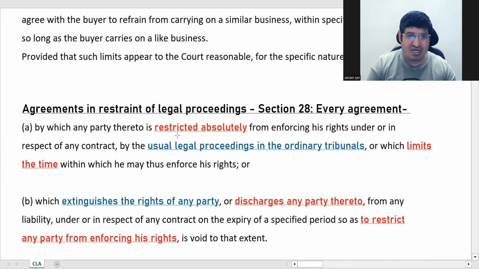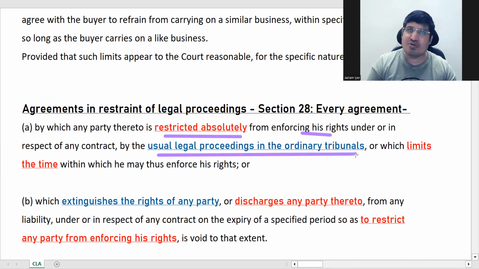If anyone is restricted absolutely from enforcing his rights under usual legal proceedings, in short, it means that you cannot take me to court, right? Or even if you are limiting the time, saying that if you have quit my job, for the next 1 year you cannot sue us, after that you can do anything, but for 1 year you cannot sue us.